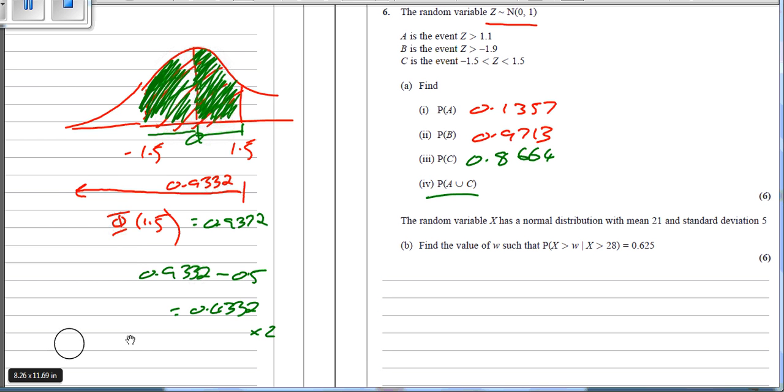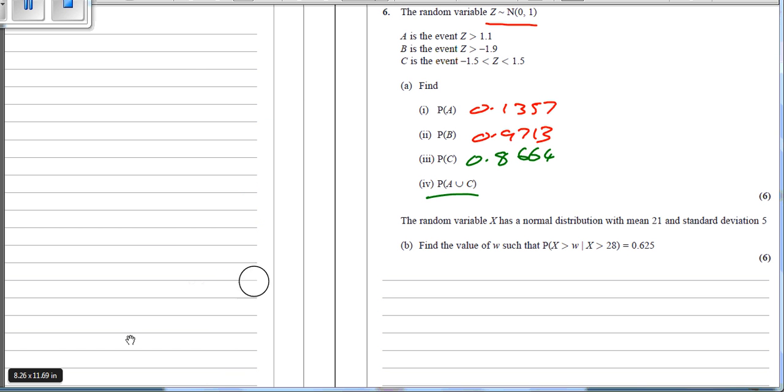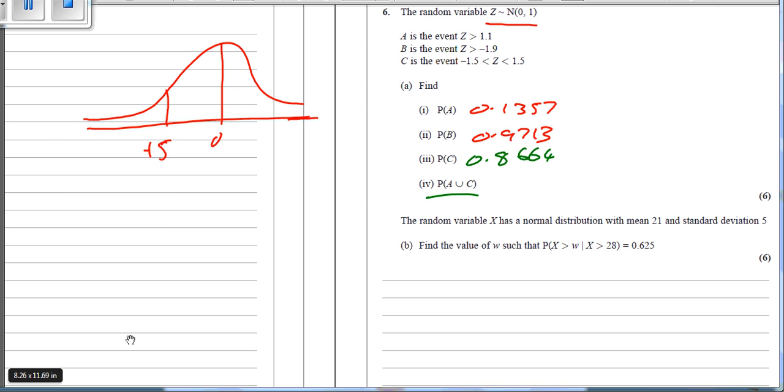So again, let's do ourselves a diagram so we can see. So here's 0. If we start with C, minus 1.5 and 1.5, we're looking at this here. Now A is that it's bigger than 1.1, so 1.1 is there, so that's this thing here.